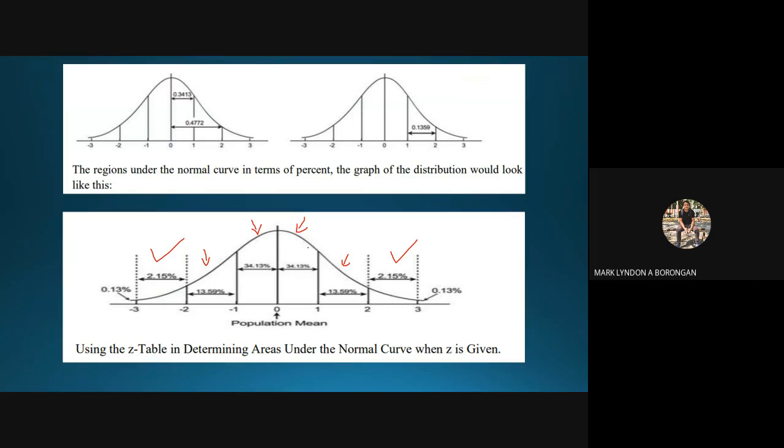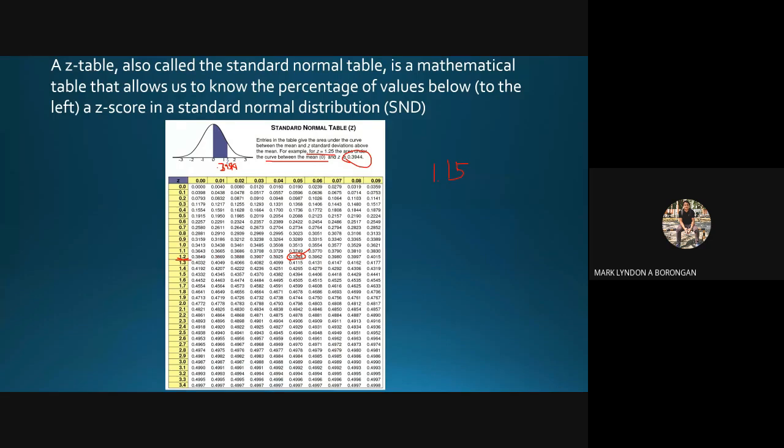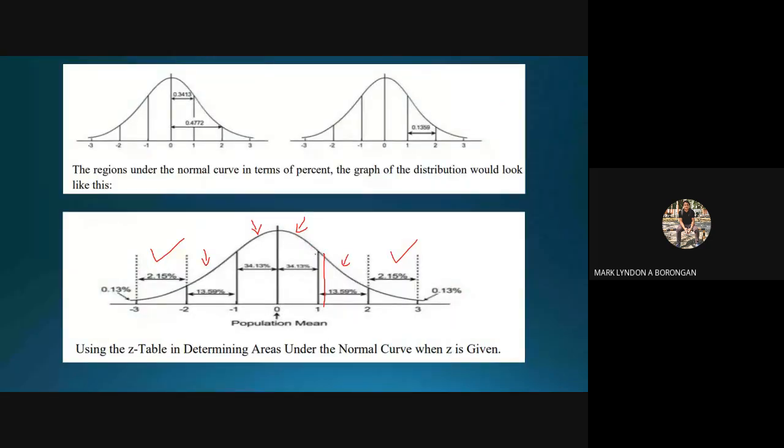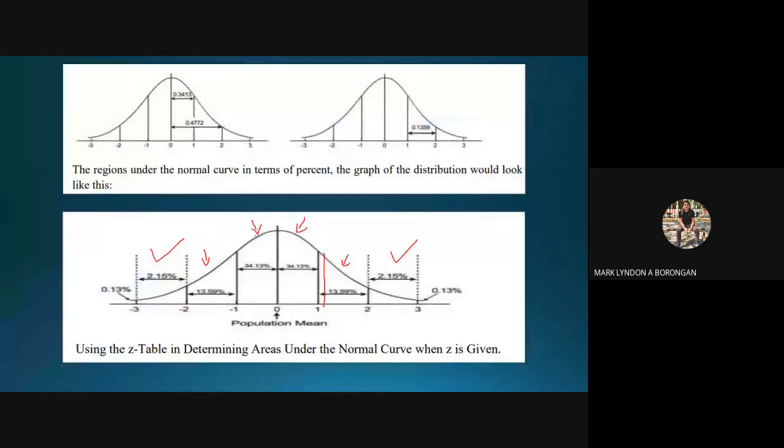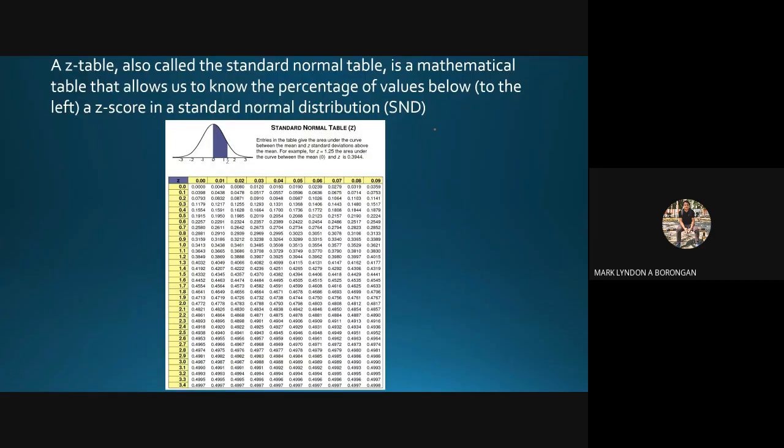But if it goes a little beyond, it is around 0.39, because it is above average. That is how you determine the area under the z-score, using our normal curve.